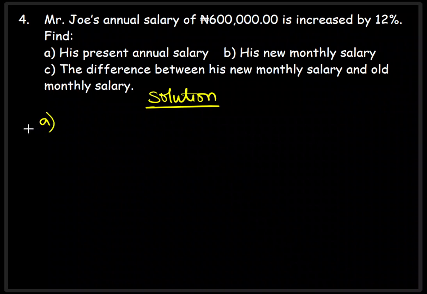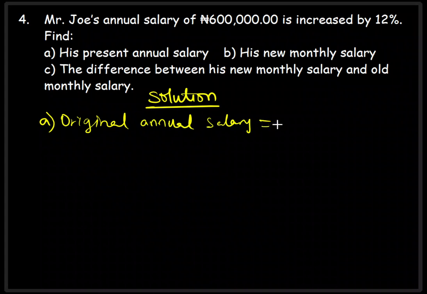So to solve for A, which is his present annual salary, so the original annual salary is equal to 600,000 naira.